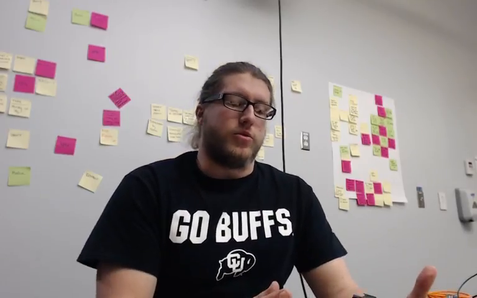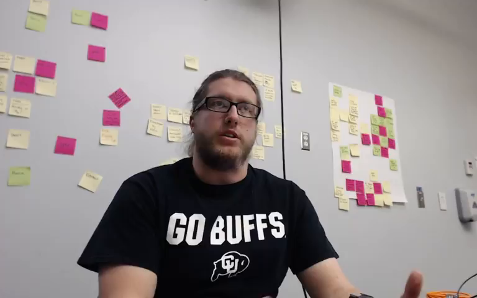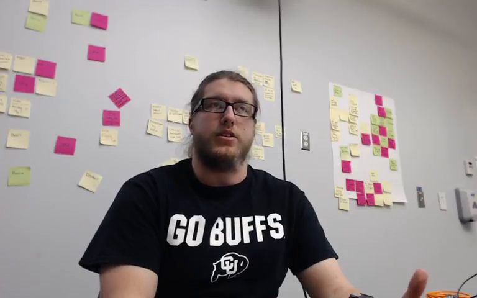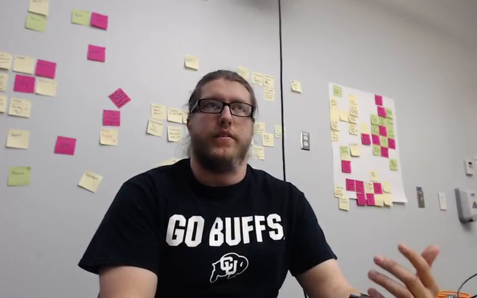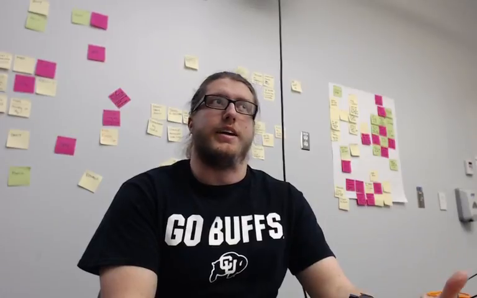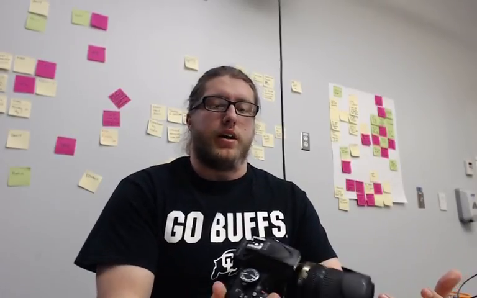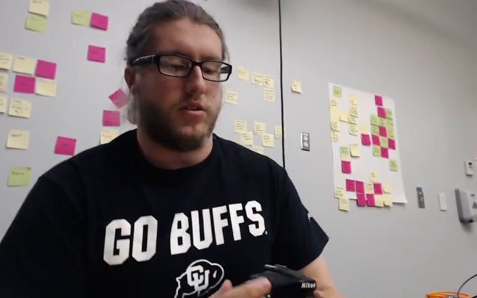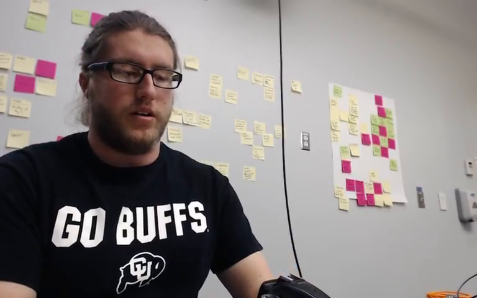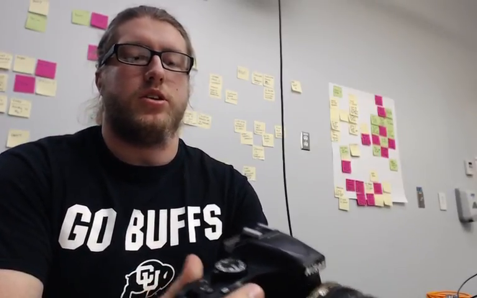So let's go through each of those. Shutter speed is pretty self-explanatory. It's how fast the shutter on your camera goes, like how long it's actually open. If I turn on my camera, you'll be able to hear the shutter go, so it's pretty fast, or you can make it really slow.